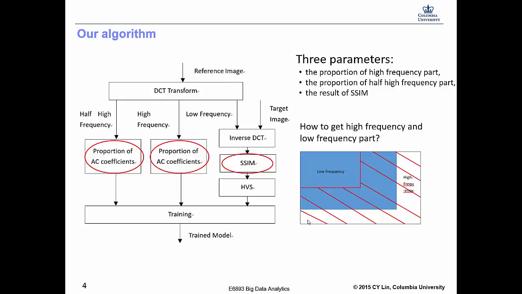The purpose of introducing this parameter is to let the high-frequency part emphasize more the difference in resolution. And the figure on the right shows the method of calculation. The blue part is the low-frequency part, and the white part is the high-frequency part. And the part shadowed by red lines is the half-high-frequency part.